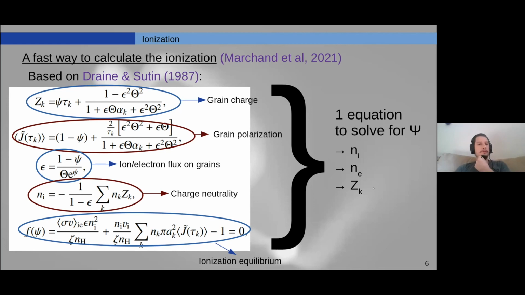The main thing you have to assume to solve this system is the average mass of ions, which can be an educated guess, but the rest of the variables can be taken directly from the simulation, like the density, the temperature, or the cosmic ray ionization rate. It's also very fast to solve because it should take, on average, about 4 iterations of a Newton-Raphson method. So you can run it in Ramses.